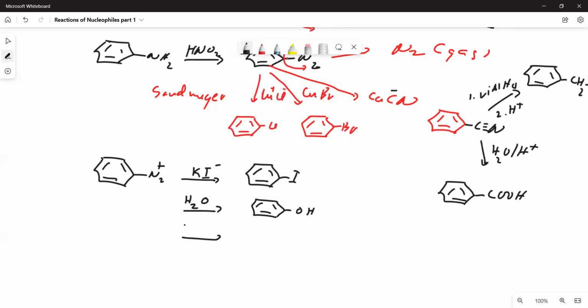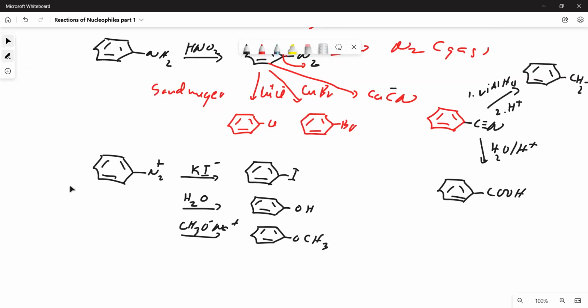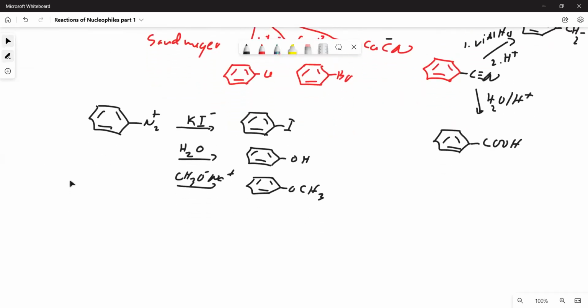We can even attach a methoxy group. Say you react this with sodium methoxide. Your methoxide is the nucleophile that can replace the nitrogen. So you produce an anisole. So this is another substituent that cannot easily be attached through electrophilic aromatic substitution.